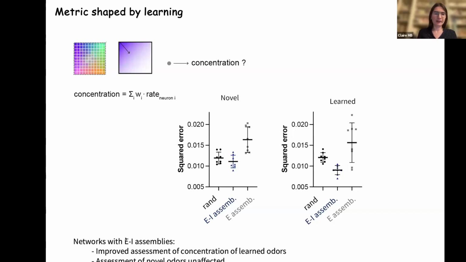And what we show is that when you have EI assemblies, you have improved assessment of the concentration of learned odors, but the assessment of novel odors is unaffected. If you're interested, you can have a look at the paper. So this was about the geometry of activity in networks with EI assemblies.